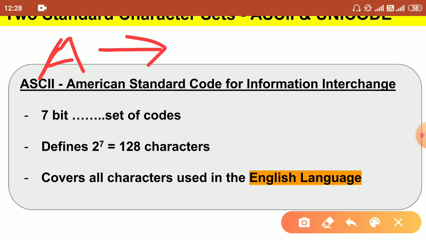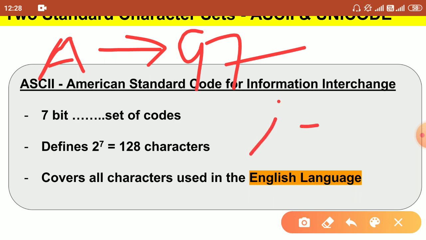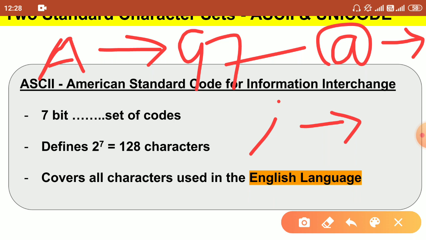Humans have decided that A will be represented by 97. Colon, semicolon will be represented by some other number. At the rate symbol will be represented by some other number.